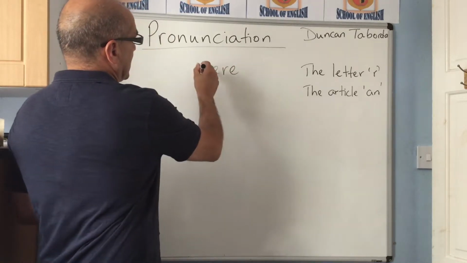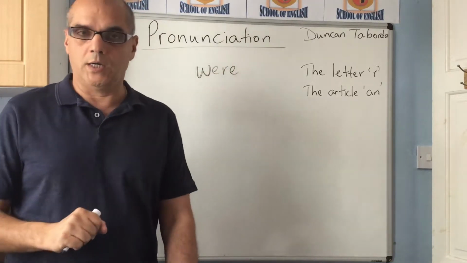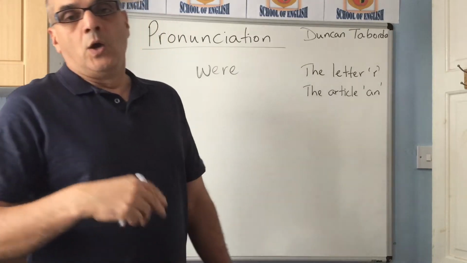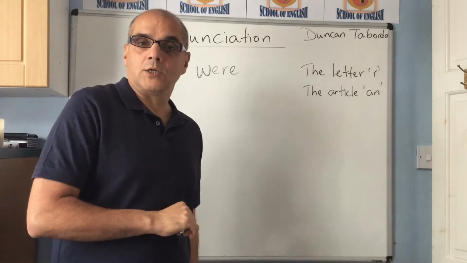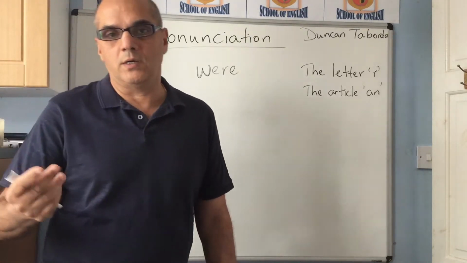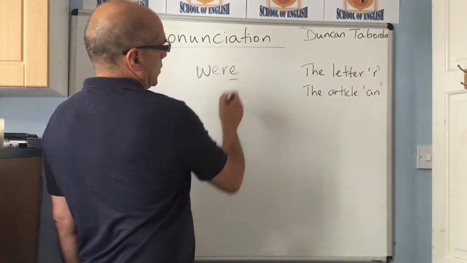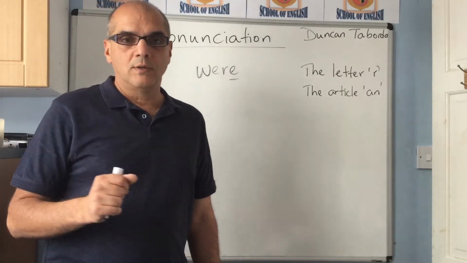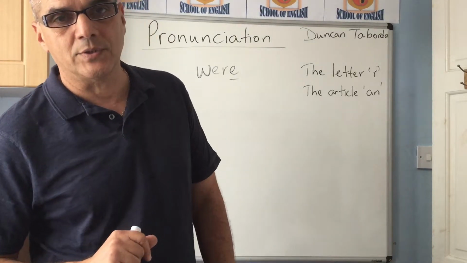Nice simple word. Were. As in, we were doing this. You were with me last night. Were. As you can see, were finishes with an R, but it doesn't finish with a vowel sound.